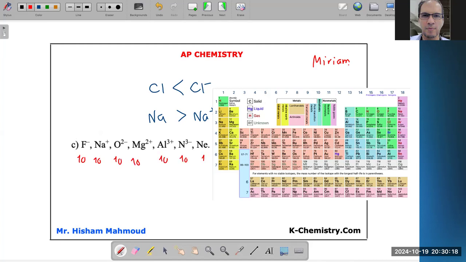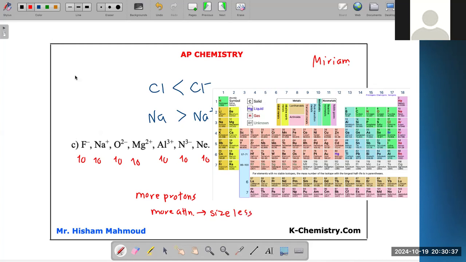Which one has more protons? The one that has more protons will have more attraction or less attraction? More attraction. And when you have more attraction, the size becomes smaller. And he wants the bigger size.